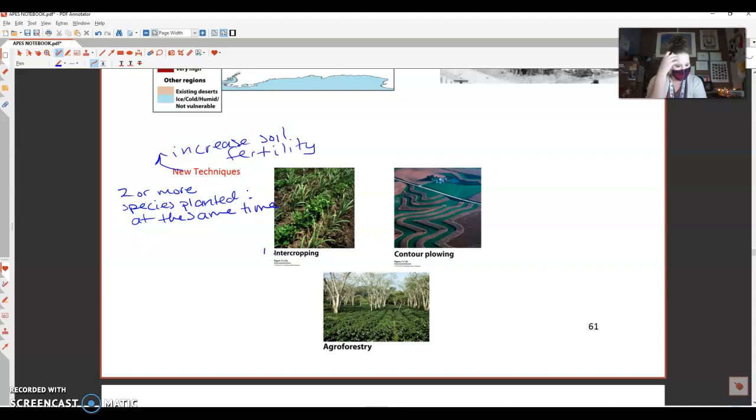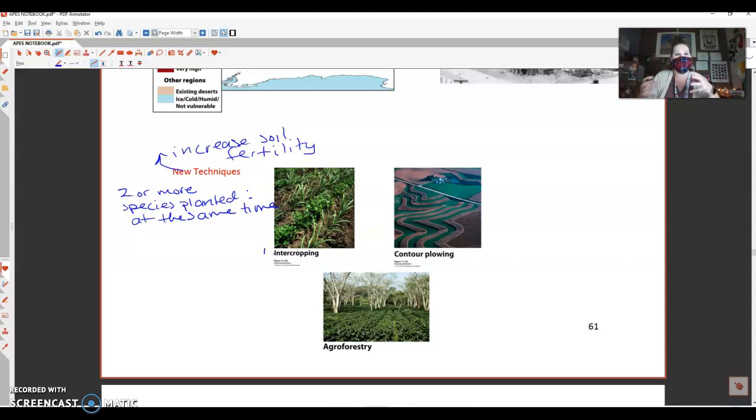Now, I want you to think back to the first semester when we talked about the nitrogen cycle. Yeah, I know lots has happened since then, and I just want to refamiliarize you guys with that. So remember that there were some plants that fixed nitrogen into the soil. Okay, they had the nodules on their roots.